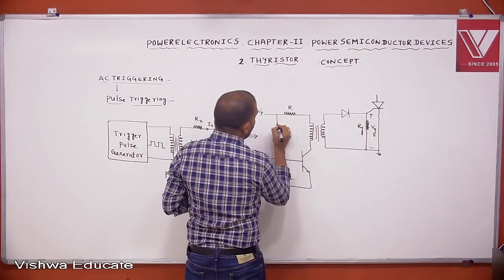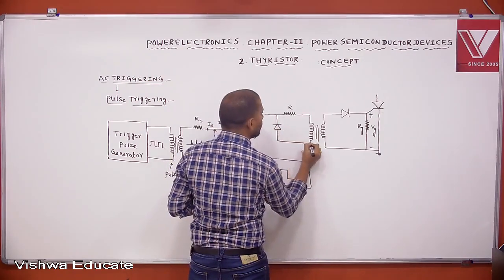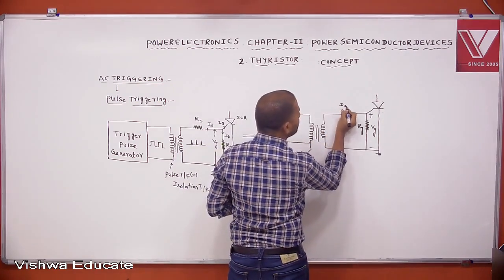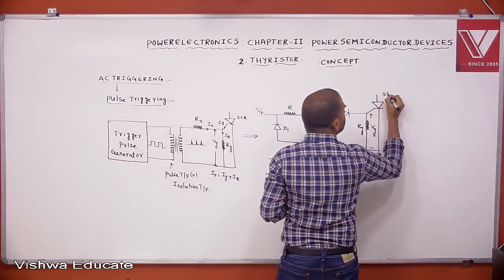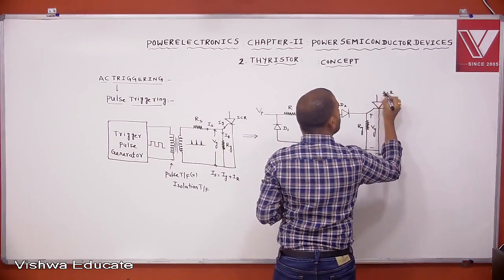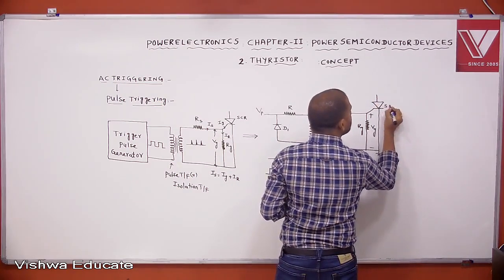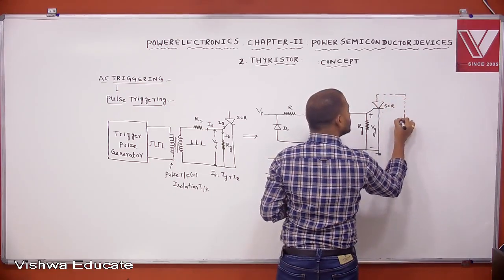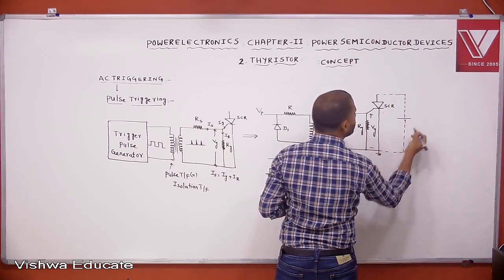Across this you also connect a diode. Let this be D1 and this be the D2 diode. This is the SCR, a thyristor, supplied with a forward blocking voltage, the anode to cathode voltage VA.